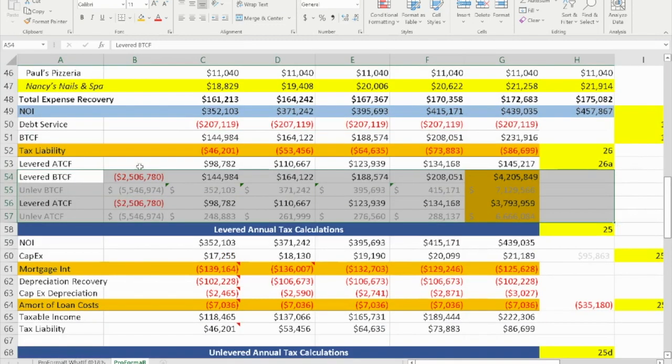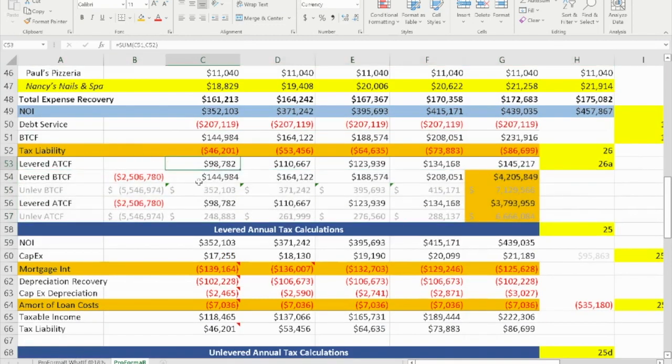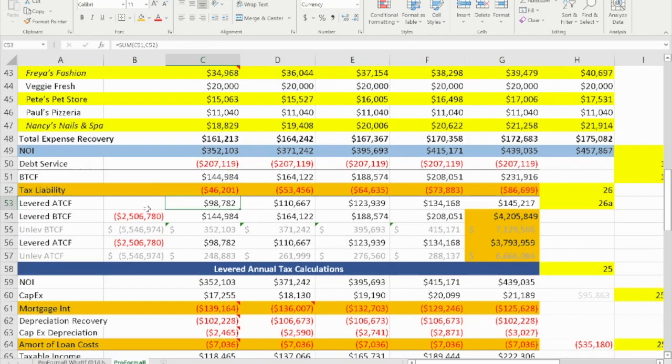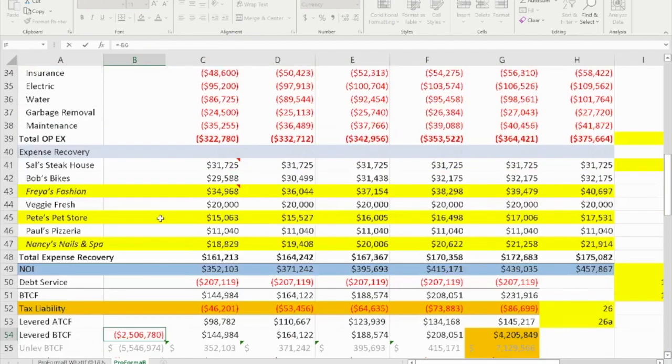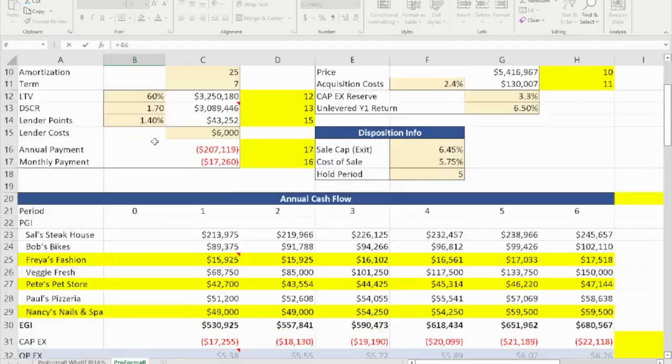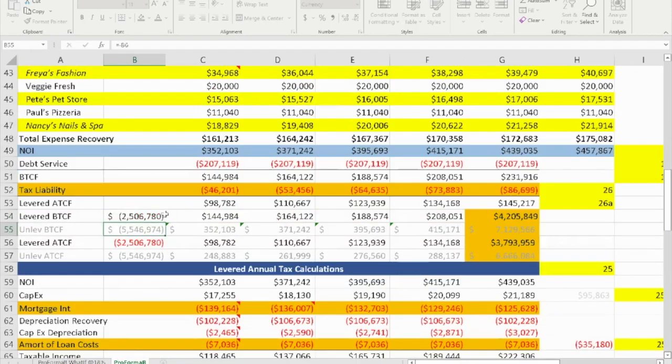We are almost done wrapping up this assignment. For year 0, we're going to reference the initial investment for levered. The initial investment for this property is $2.5 million. We're going to make that number a negative number since it is money out of our pocket. That is our initial investment.